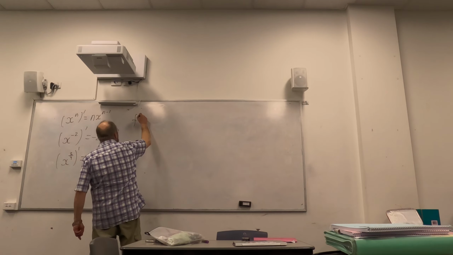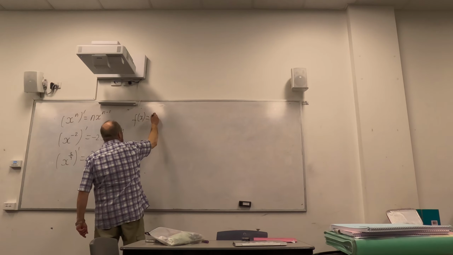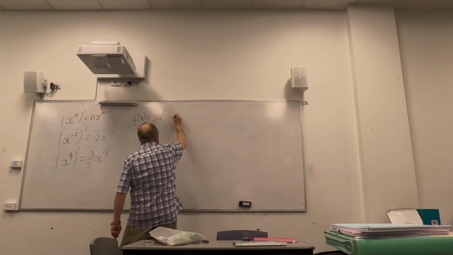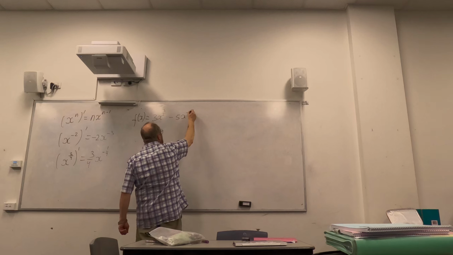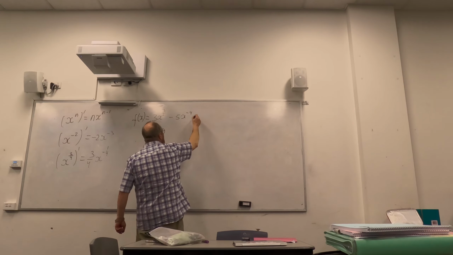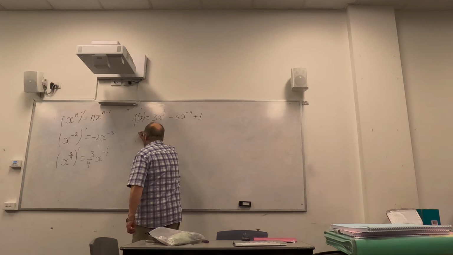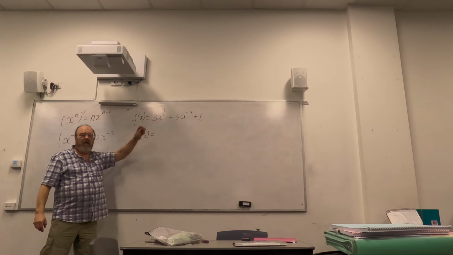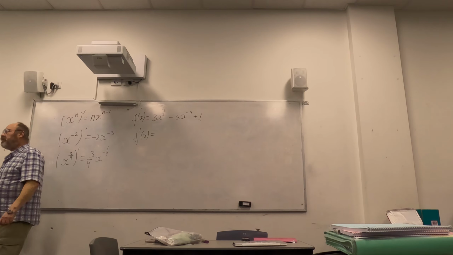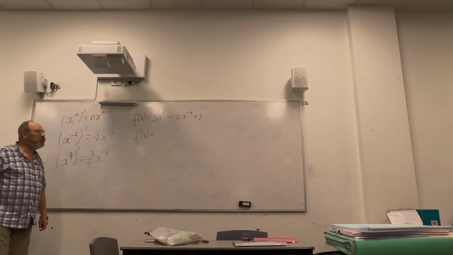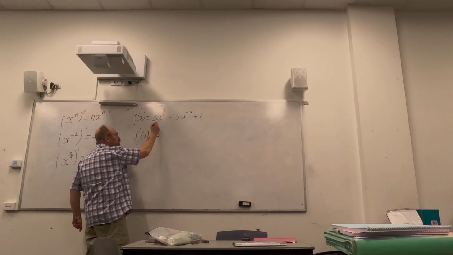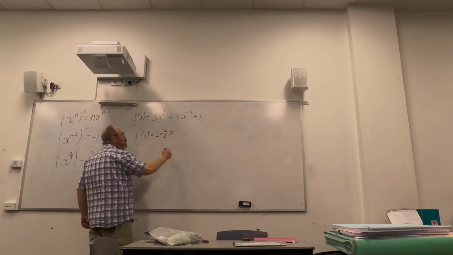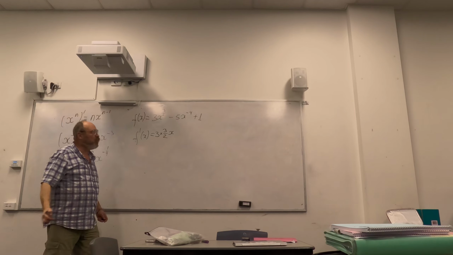Let's say we have f of x equals 3x to the power 3 on 2 minus 5x to the negative 4 plus 1. So the derivative will be equal to: the constant factor going out of the derivative as we learned, so 3 stays there, times the power comes out, times 3 on 2, x to the power 3 on 2 minus 1, 1/2.